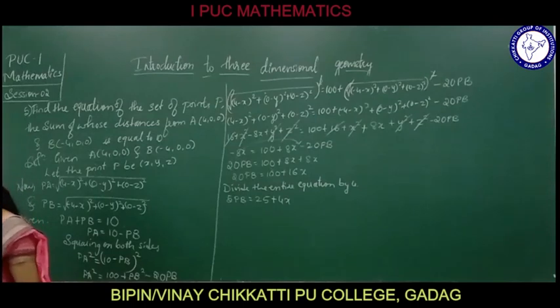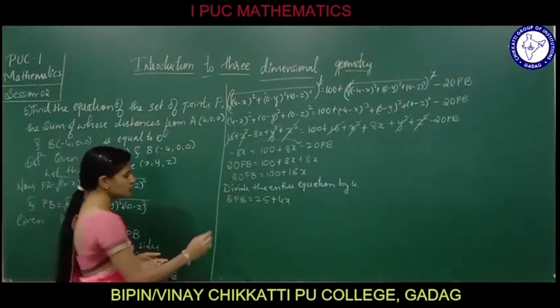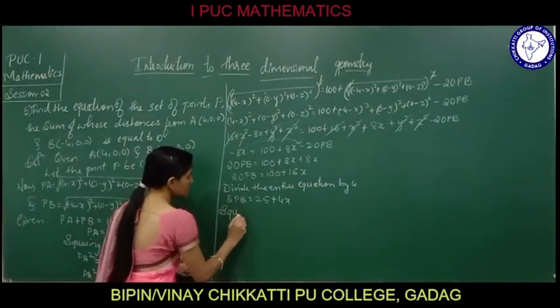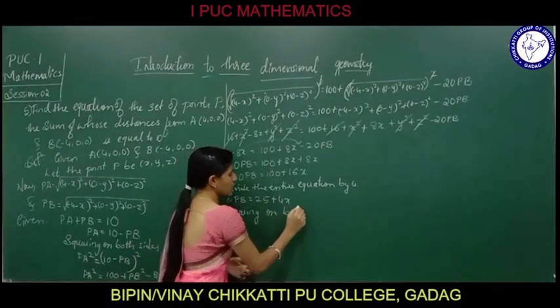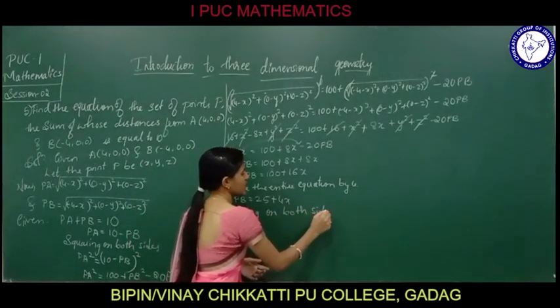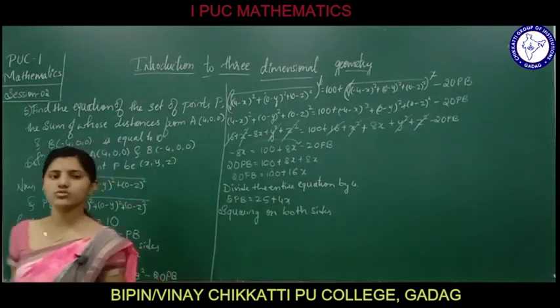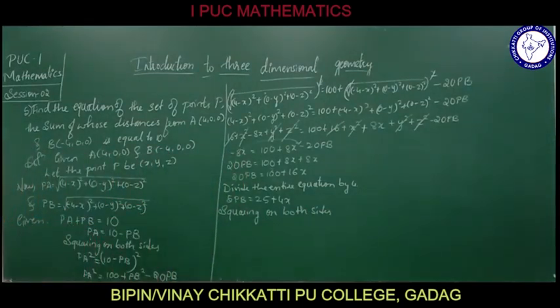So after getting 25 plus 4x, again squaring on both the sides, what we are going to do? For the above equation, go on squaring again.